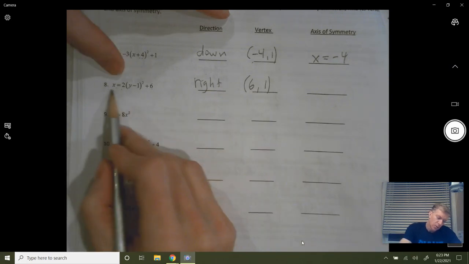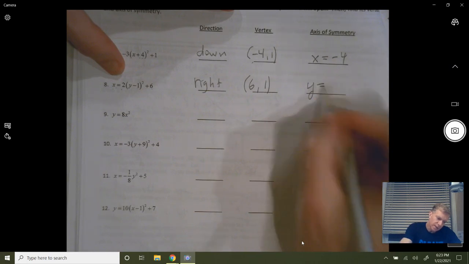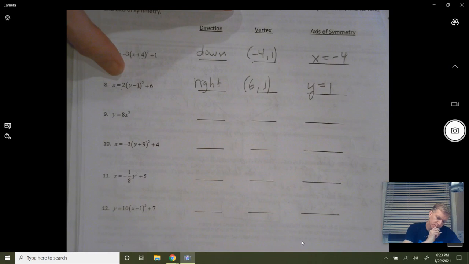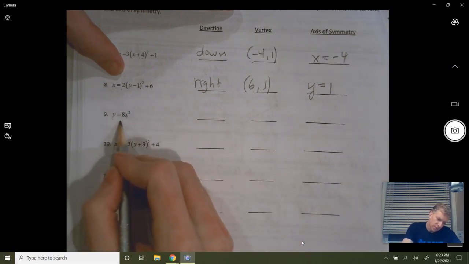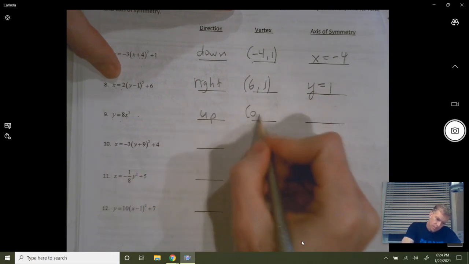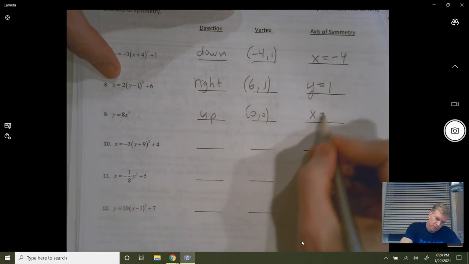And it opens right, left, so your axis of symmetry is going to be y equals the y coordinate of your vertex, y equals 1. Okay. This one, the vertex is 0, 0. It's going to open up. And your axis of symmetry is just x equals 0.